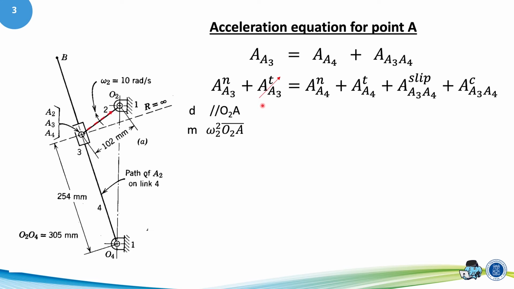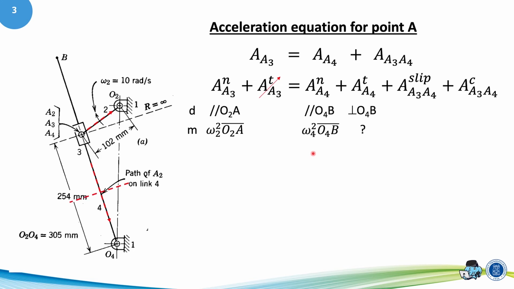And the direction of the AA3 normal is parallel to O2A, and the magnitude is omega 2 squared times O2A. And for AA4 normal, the direction is parallel to O4B, but always goes to the center of the rotation, and the magnitude is omega 4 squared times O4B.